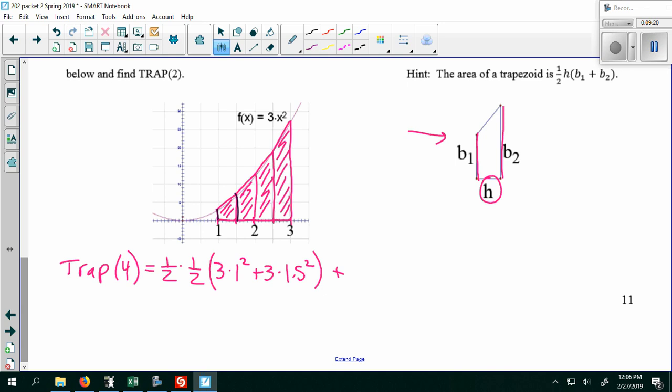My next trapezoid, using the formula, I have a 1/2, and then my h is 1/2, and then base 1 plus base 2, this is base 1, this is base 2. Those are function values, values I get by plugging an x value into 3x squared. So that is 3 times 1.5 squared plus 3 times 2 squared.